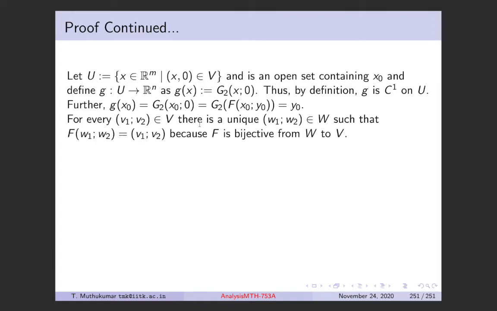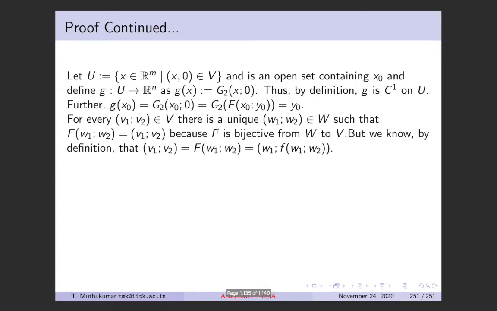Then there is a unique (w1, w2) because V and W were chosen such that F was a bijection, right? So for any (v1, v2) in capital V, there is a unique (w1, w2) in capital W such that (v1, v2) is the image of (w1, w2) under F, because that's how we chose W and V to be, right?